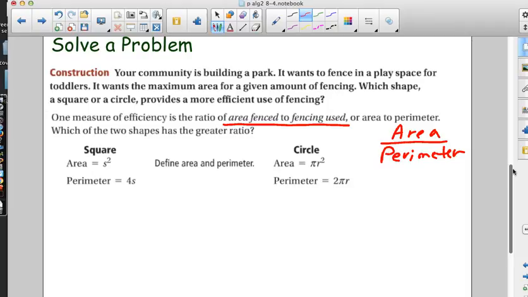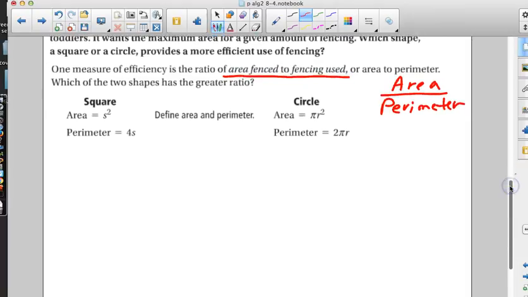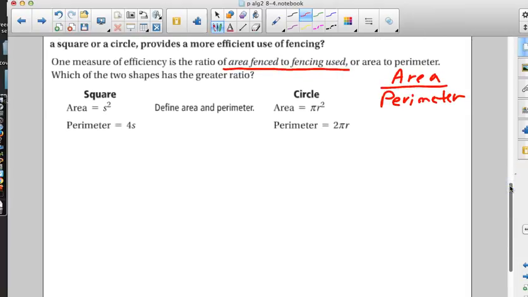The problem is we have a lot of variable stuff going on. We're going to have to figure out how to get perimeter and area in a unit that makes sense for both of them at one time. So when I look at what's going on with the square, I start thinking, okay, I need to know the area, and I need to know what's going on with the perimeter.